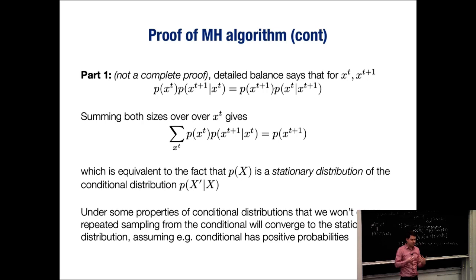My stationary distribution does not change if I draw another sample according to that distribution. That's going to be my first claim. And then I'm going to wave my hands a little bit and say, for types of Markov chains, this means that as you iterate the process, you will also converge to that distribution.